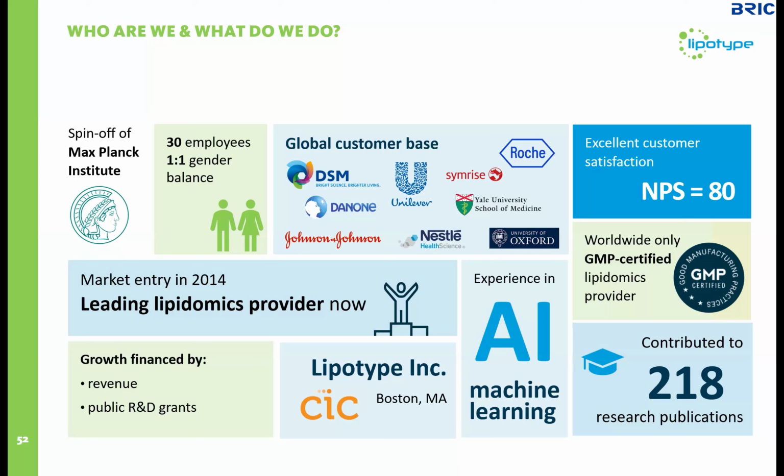We have also recently opened a subsidiary company, Lipotype Inc., in Boston. Lipotype is GMP certified, which allows us to work in very strictly regulated environments and help customers ensure the quality of the data produced in the studies.